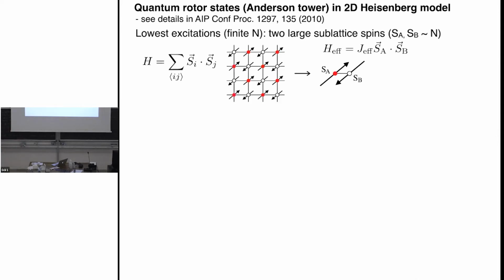So he came up with this picture to explain symmetry breaking. When you have O3 symmetry of the Néel order, you have a direction and an amplitude of the order parameter. And in a finite system, you cannot break the symmetry, right?